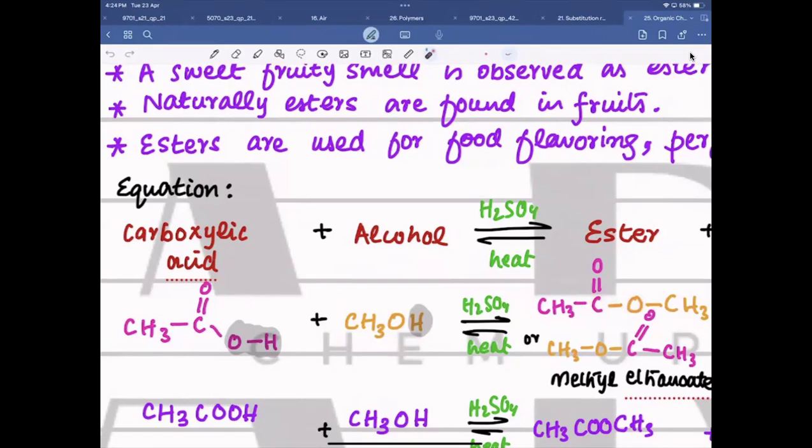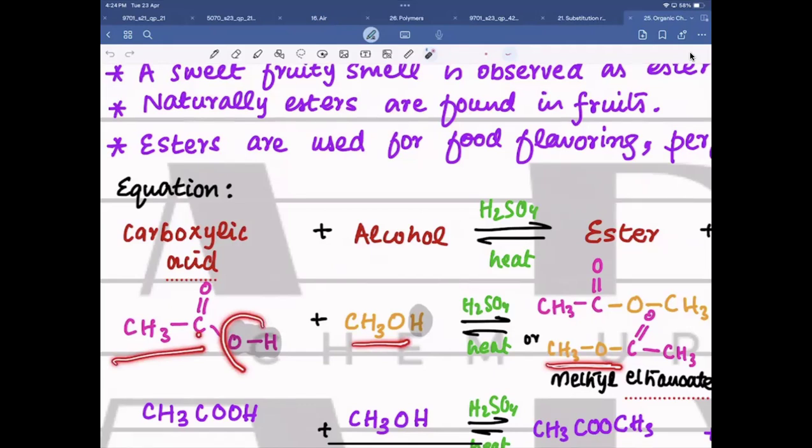Now, if instead of the carboxylic acid I start with the alcohol part, like this, I will write CH3O like this. Now I will flip the carboxylic acid part because from here the OH is released.